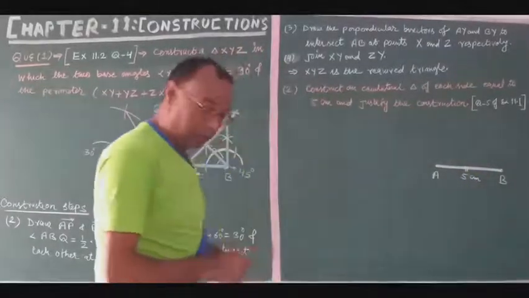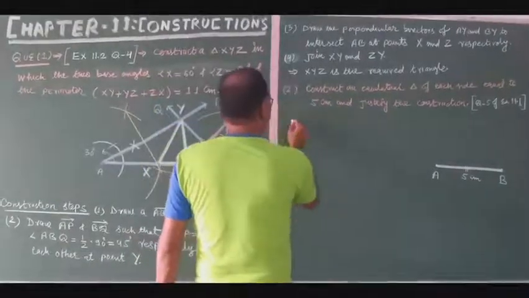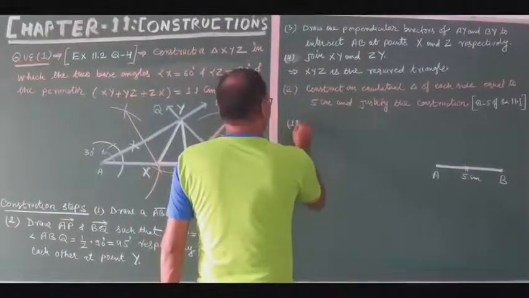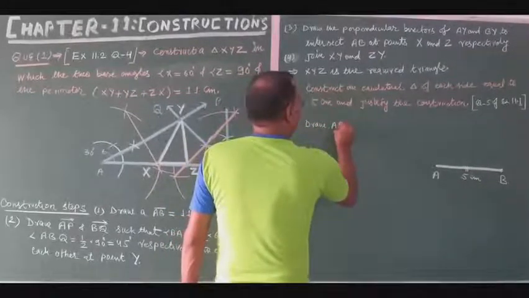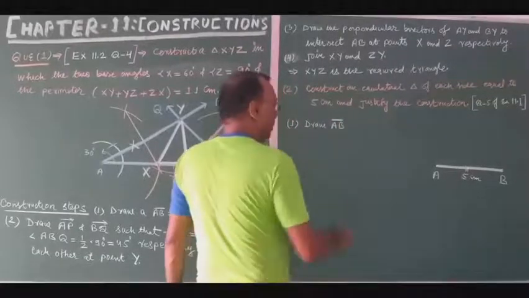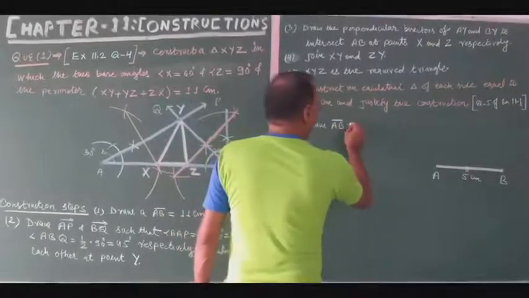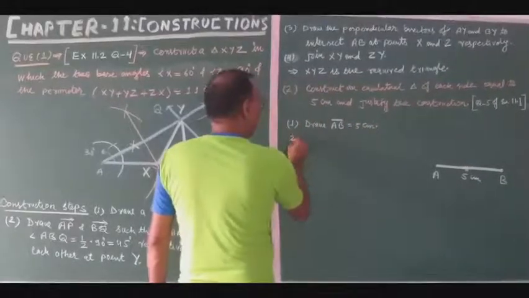Is it there? So what is our step number 1? Draw a line segment AB, bar above AB is the symbol for line segment AB. How much? 5 centimeter.